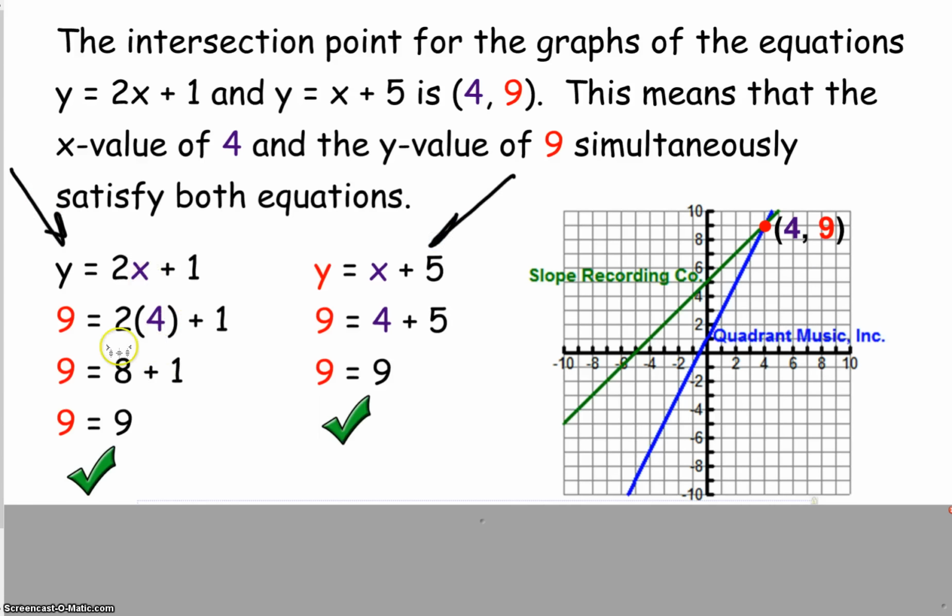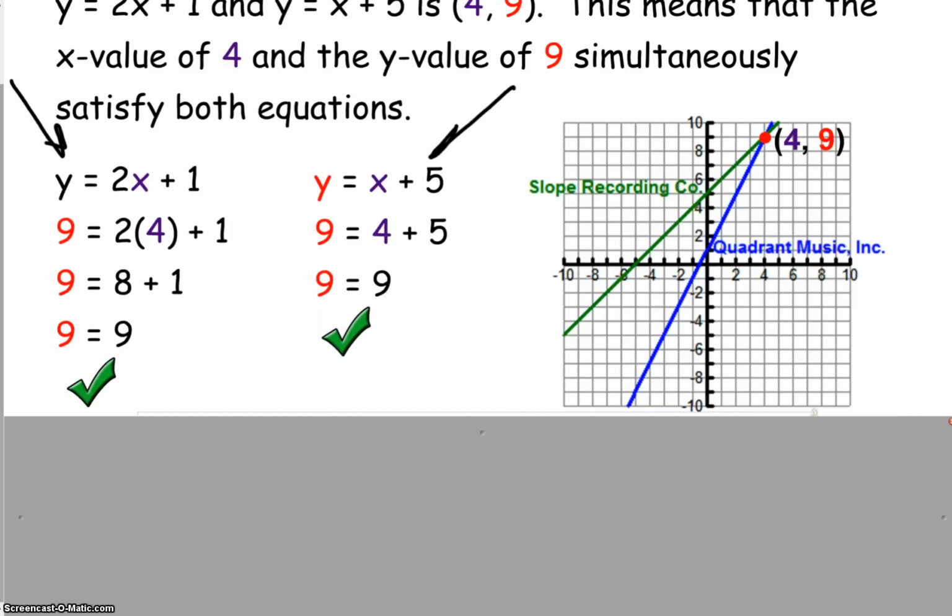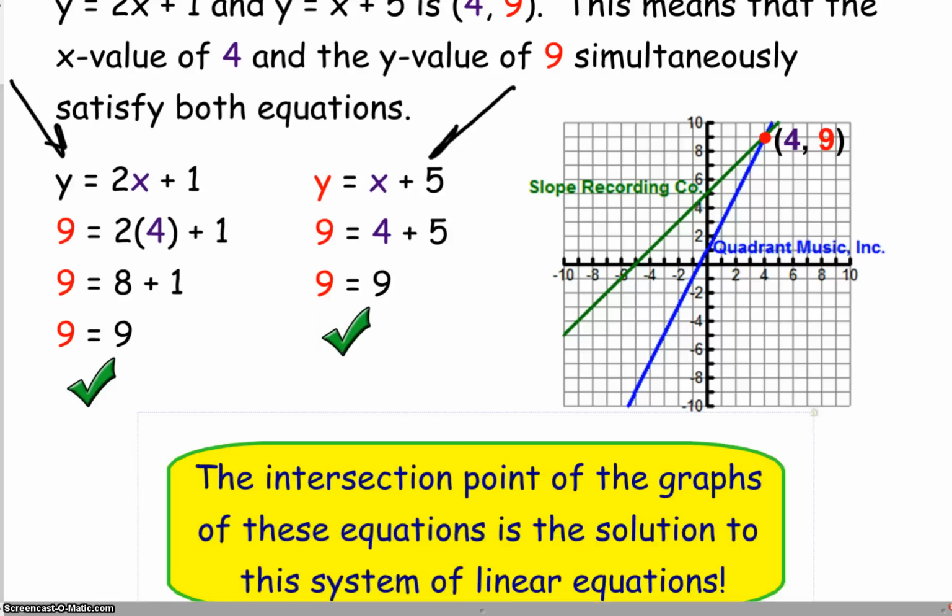You plug in 4 for x and make sure it equals 9. 2 times 4 is 8 plus 1 is 9, so that works. On the other side for slope, 4 plus 5 is 9, so it works. So the intersection point of the graphs of these equations is the solution, this is what goes in that blank, to the system of linear equations.